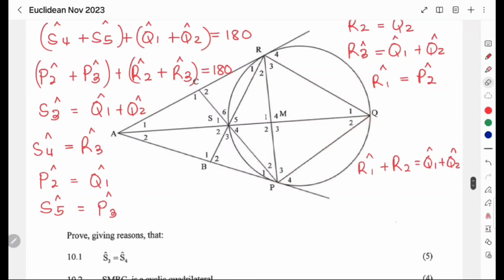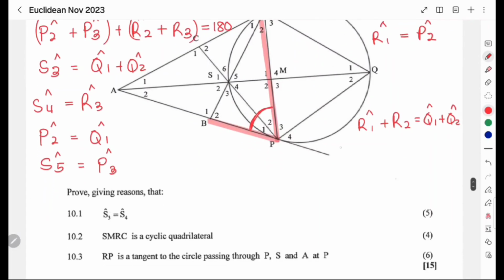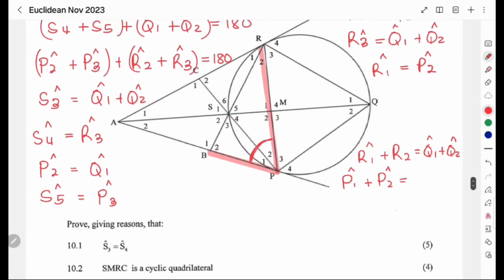Then we can use our tan chord theorem on this tangent PB. So the tangent PB and the chord PR. The angle between the tangent and the chord is the angle P1 and P2. That is equal to the angle in the alternate segment, which is Q1 and Q2.